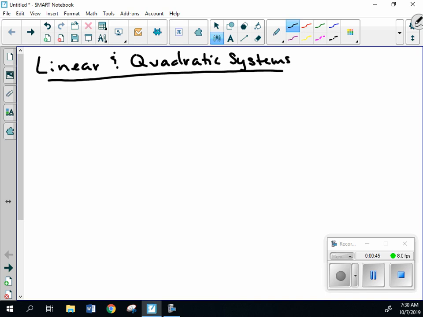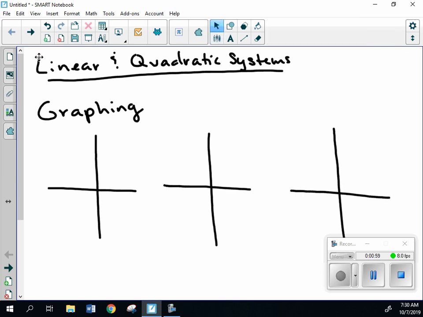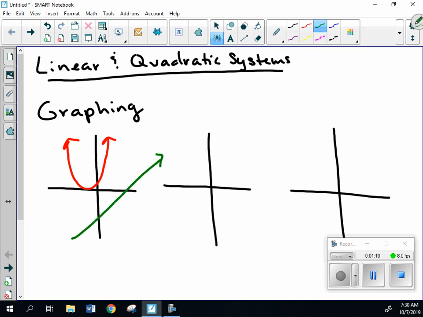It really doesn't matter. When we're looking at the graphing portion, you are going to have three different options, like I said. You are going to have a no solution option if, for instance, you have something like this, where your quadratic is never going to touch that line.